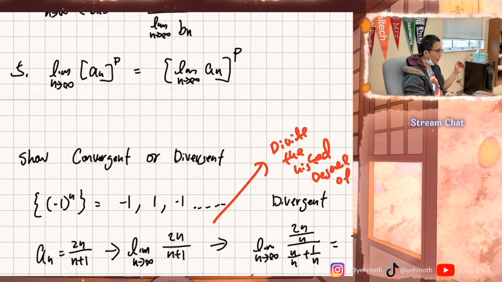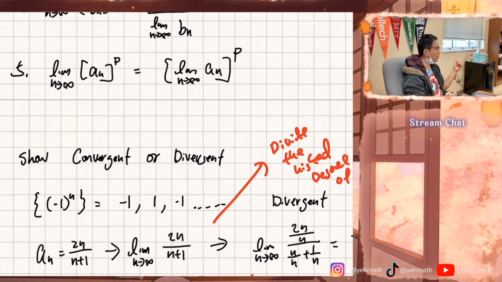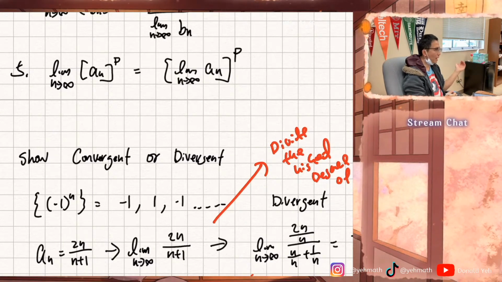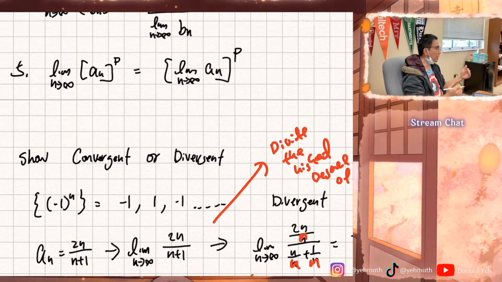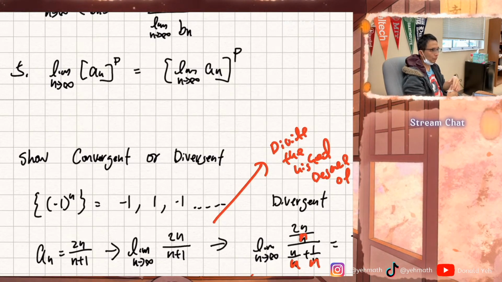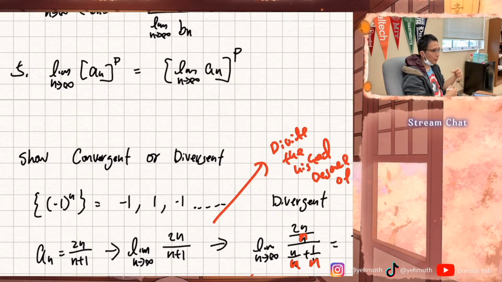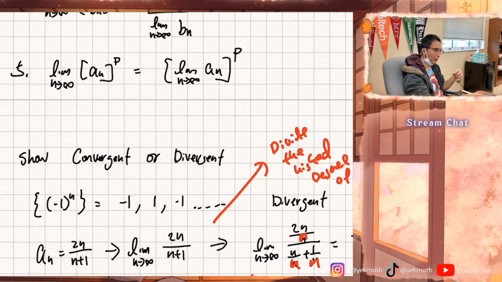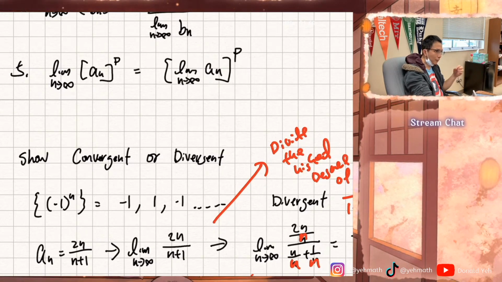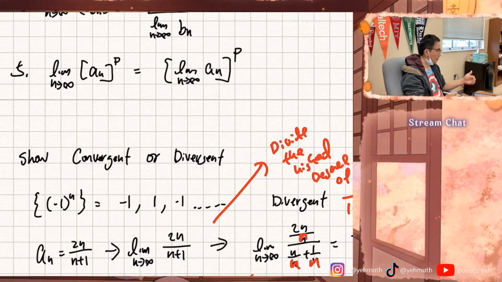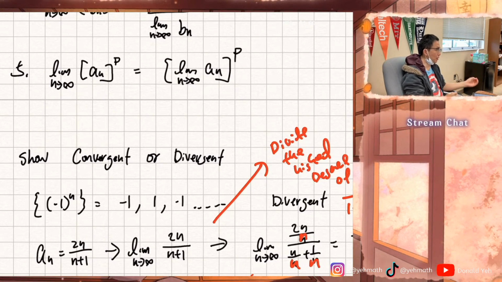You take the highest degree in the denominator, which is n to the first power, and you divide everything by n. You divide the numerator by n too, so you pretty much look at the same exact rate. Then you get 2 over 1 plus 1 over n. But if n approaches infinity, what will happen to 1 over n? 0. So that's why your answer is 2.